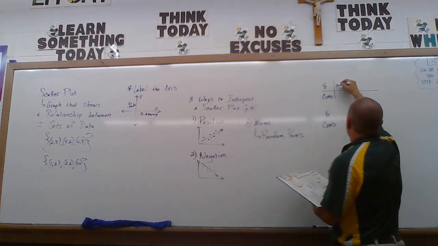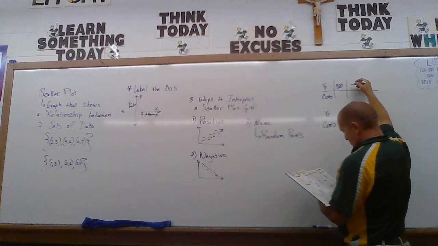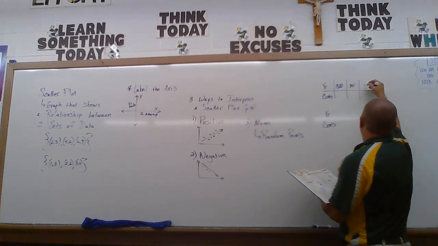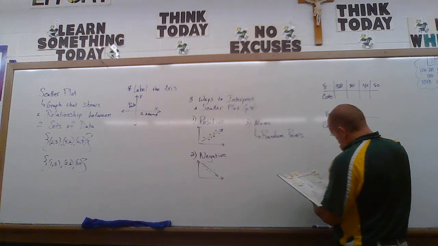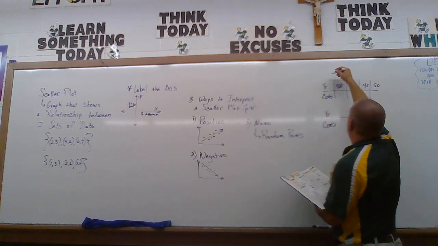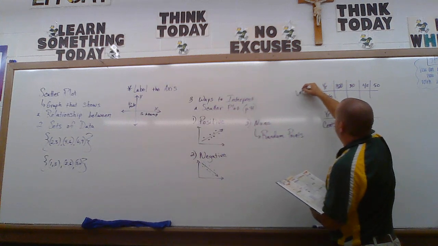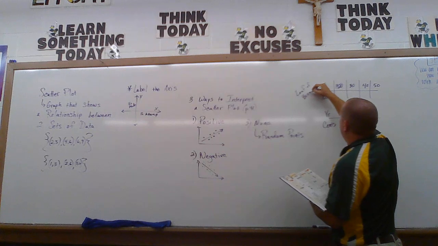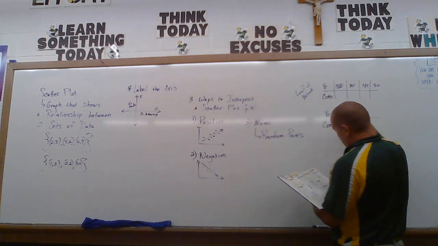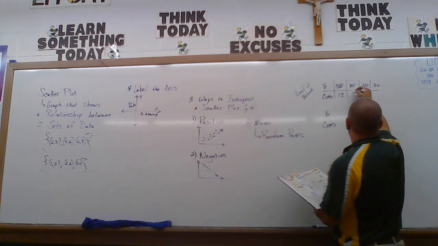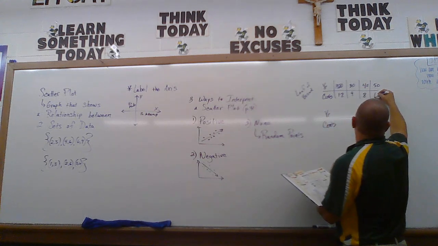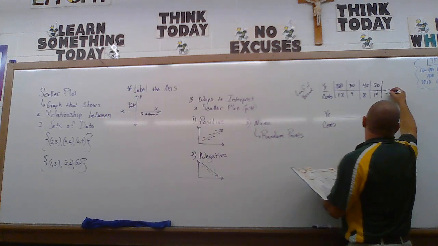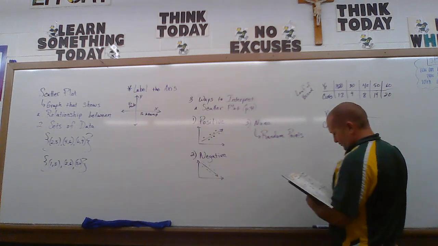So this is 1920, 30, 40, and 50, and this is how much a loaf of bread costs. So we're going to show what the loaf of bread was. In 1920 it was 12, went down to 9 cents, and then 8 cents, and then 14 cents, and then it went all the way to 20 cents in 1960.